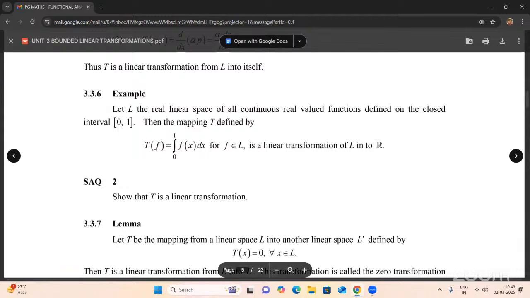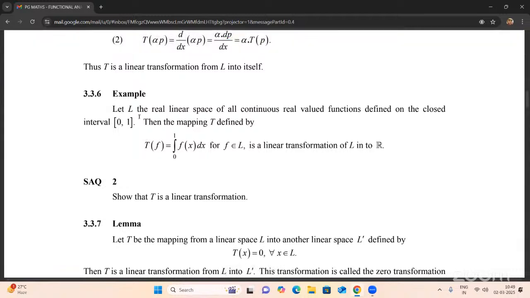And again, one of the real valued functions: T of f equals the integral from 0 to 1 of f of x dx. Another example is on the integral part. Here L is the real linear space of all continuous real valued functions defined on the closed interval 0 to 1.